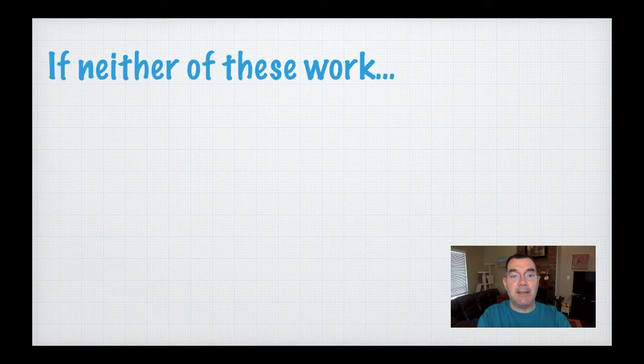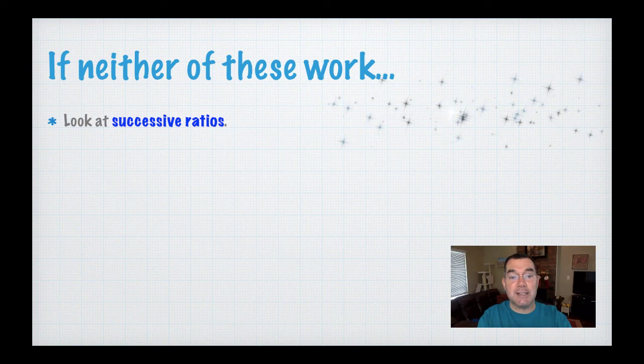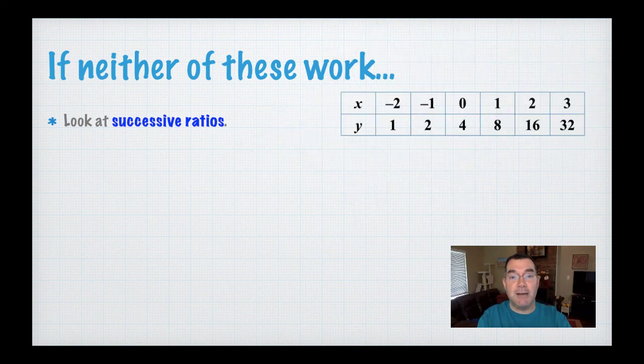All right? And then if neither of these work, it could be worse, but it's definitely not linear or quadratic. So what I can do instead is look at successive ratios. And instead of subtracting to see the difference between the y's, I'm going to divide to see the quotient. So if I'm looking at the y's in this table, I'm not looking at what I would add to 1 in order to get 2.